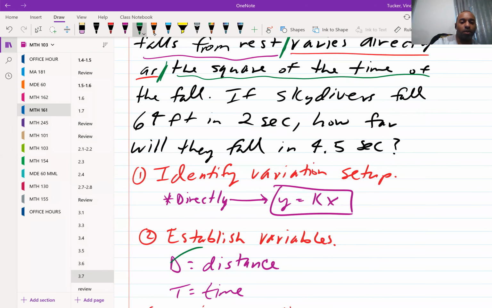Once again, you can call these whatever you want, but you don't want to call it K because we already have our K, our constant of variation. Any problems with steps 1 and 2? All right.